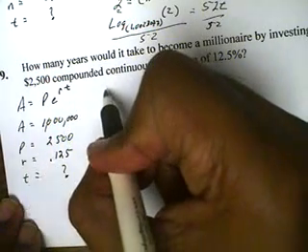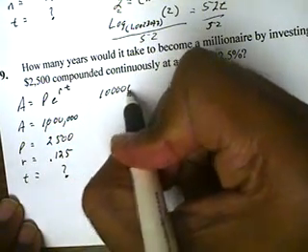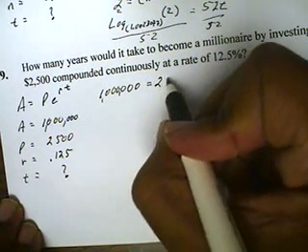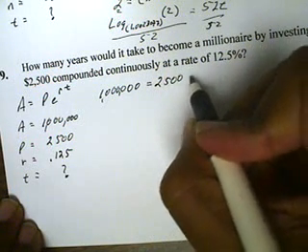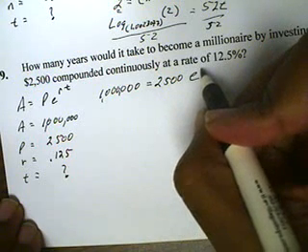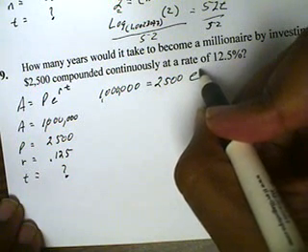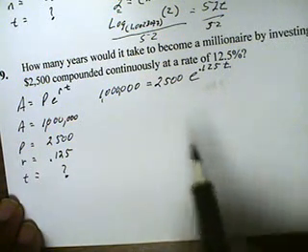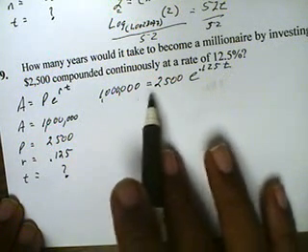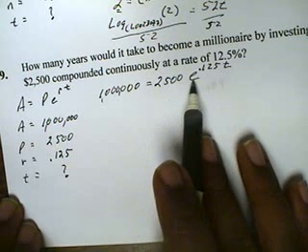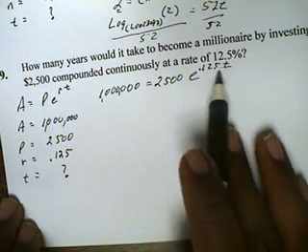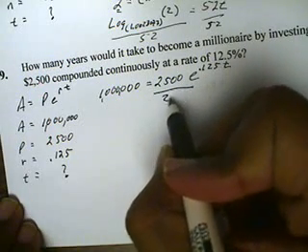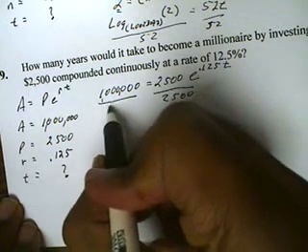So that will be 1 million equals 2,500 times E to the 0.125 T. Okay, now we'll begin the process of solving for this. So we'll get rid of the 2,500, then the E, and then this coefficient on T. So step 1, removing the 2,500. So we'll divide both sides by 2,500.